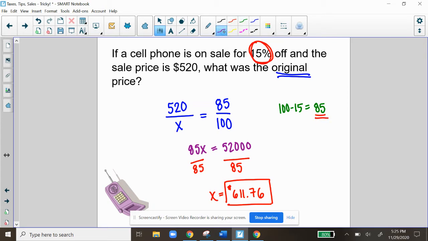You're going to do cross multiplication. So you'd get 85x equals 52,000. You would divide by 85 on both sides. And assuming you used a calculator, which of course you're welcome to do here, you would have gotten a long decimal. But remember, when we're dealing with money, we're always going to round to the nearest hundredth. So the original price would have been $611.76.